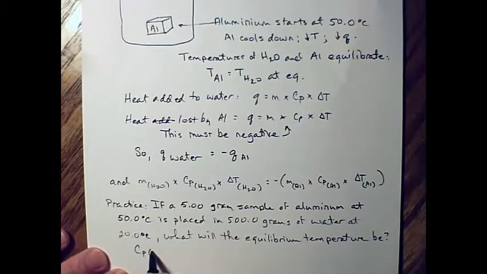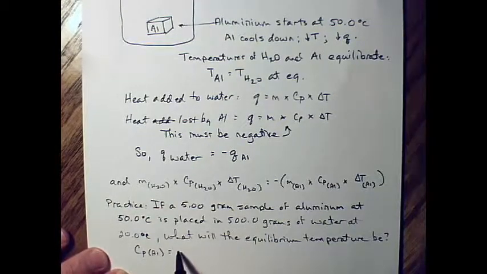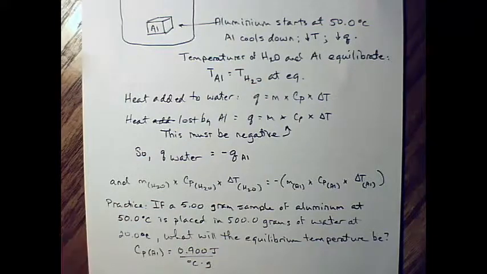Specific heat for aluminum is 0.900 joules per degree C per gram.